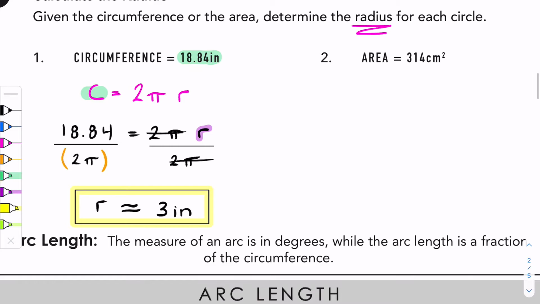And for number 2, I'm going to follow a similar process, except this time we are given the area. So I'm going to use the formula that says area is equal to pi times the radius squared. I know the area is 314, so I can substitute that in for my value of A. I need to solve for r. That requires me to divide both sides by pi.